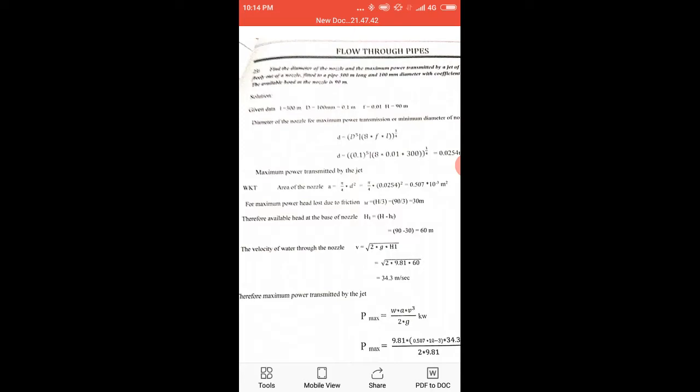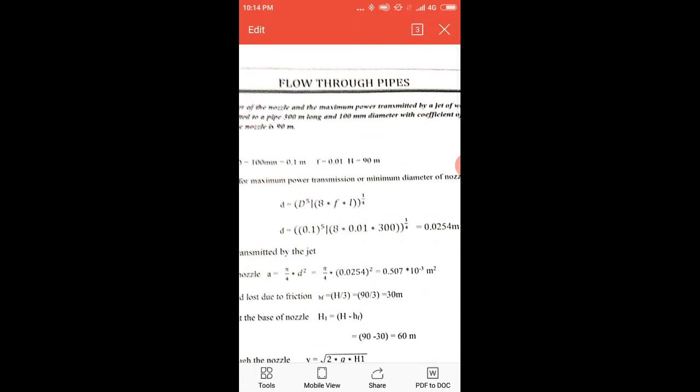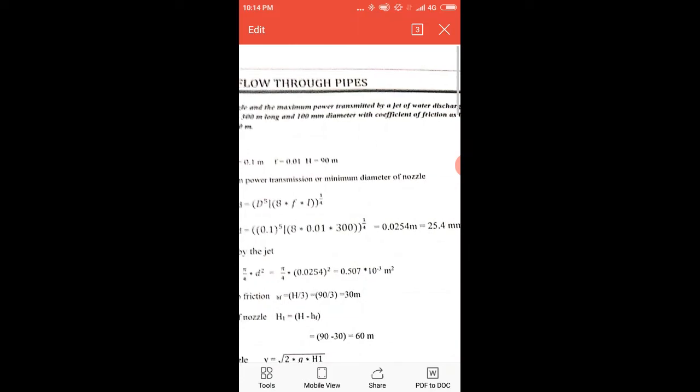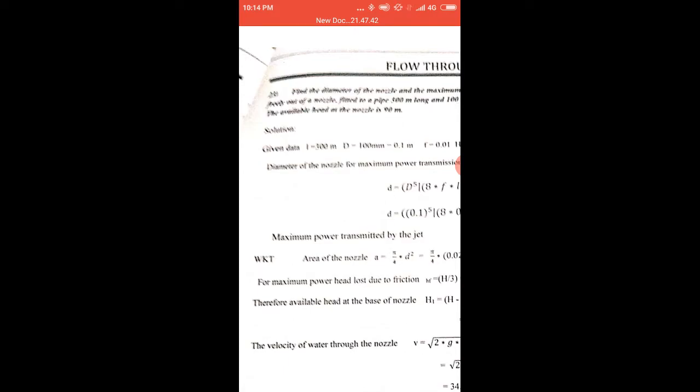Here the diameter of the nozzle for the maximum power transmission, or the minimum diameter of the nozzle, is calculated: d equals D raised to 5 into 8fL raised to 1 by 4. So that is 0.0254 meter, 25.4 mm.